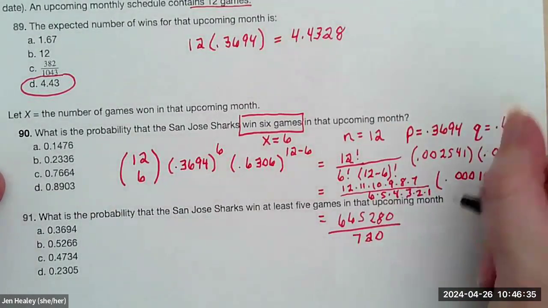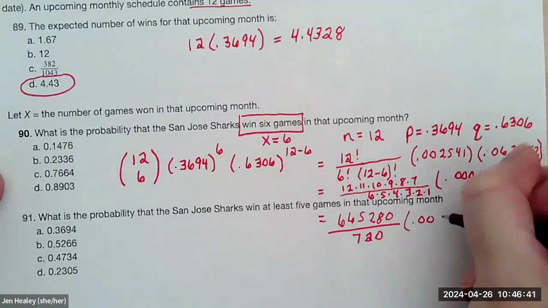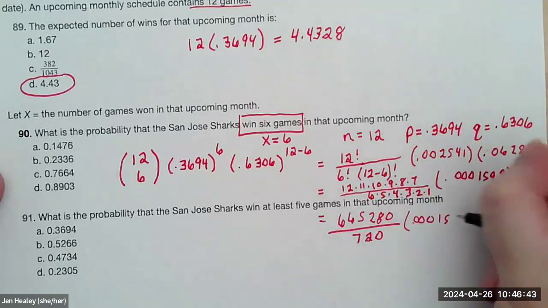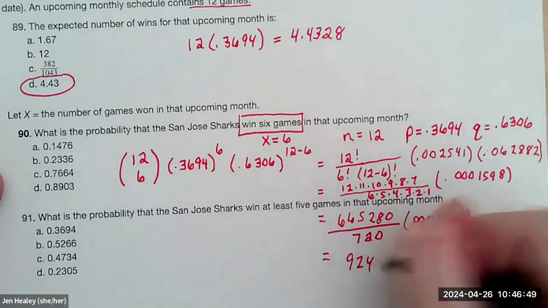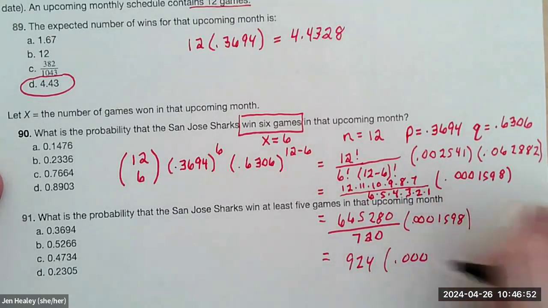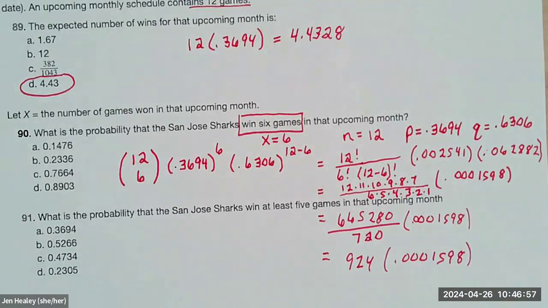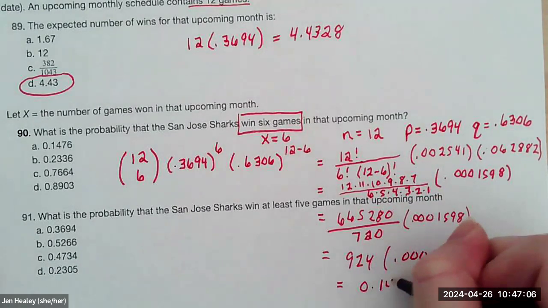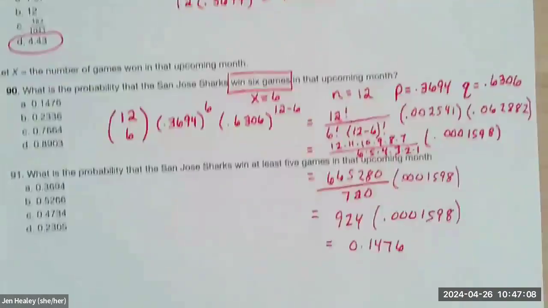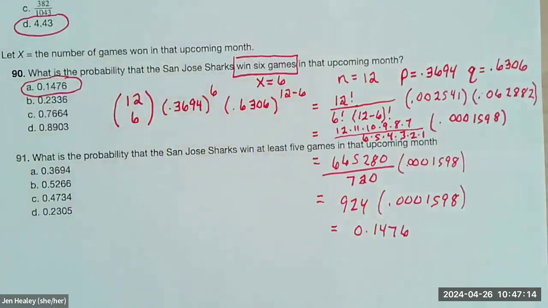Okay, so this part I want to multiply 924 times that crazy decimal, 0.0001598. Okay, so I got 0.1476. Okay, and looking at our answer choices, whew, that would be answer choice A.